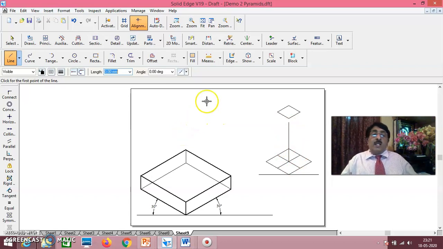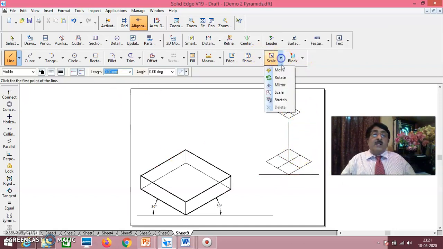Now carefully follow. Here you see. Now this is height 60. This is 20 square, this is 40 square and all that.